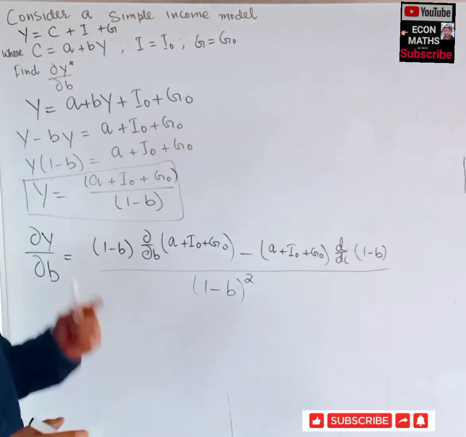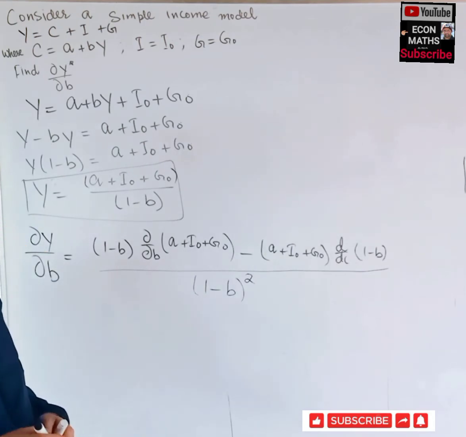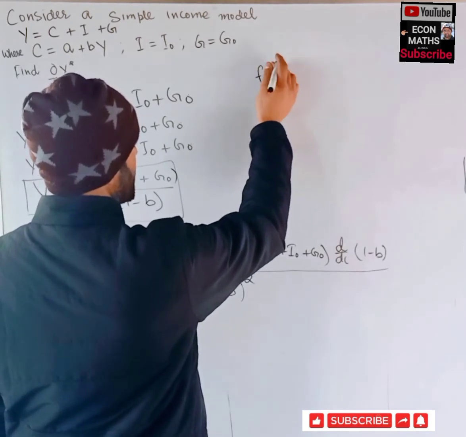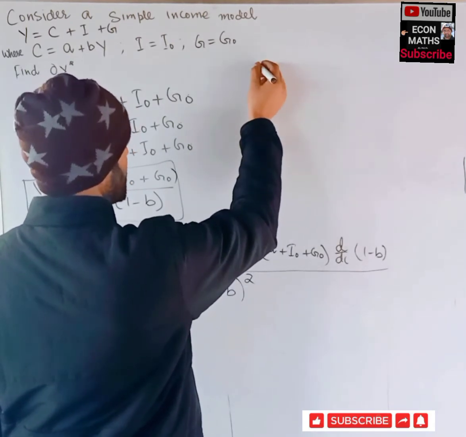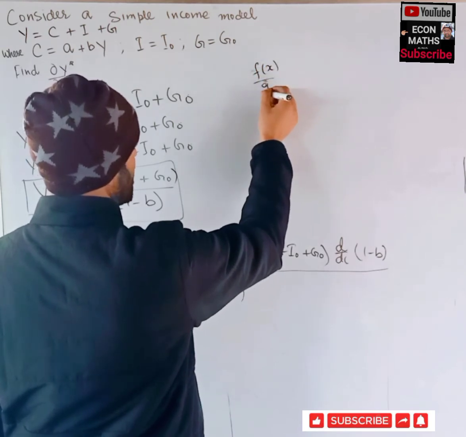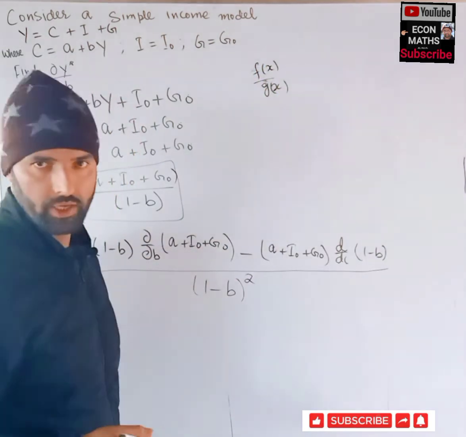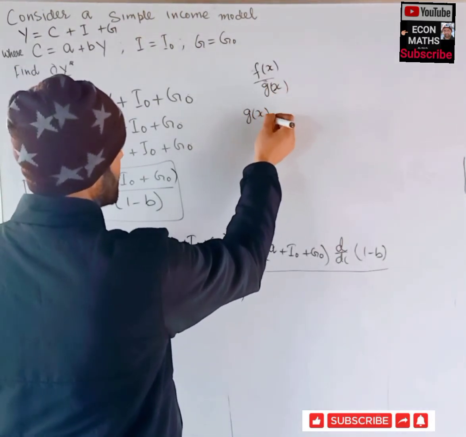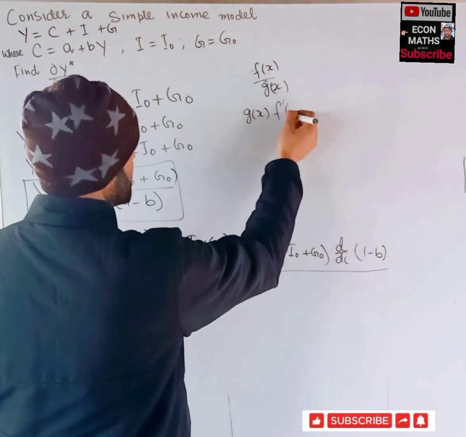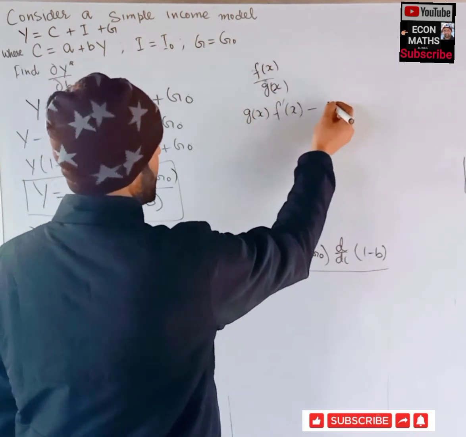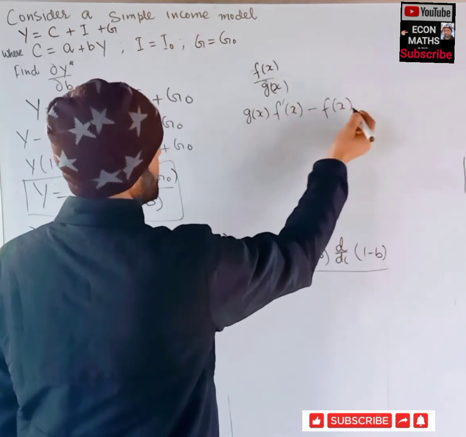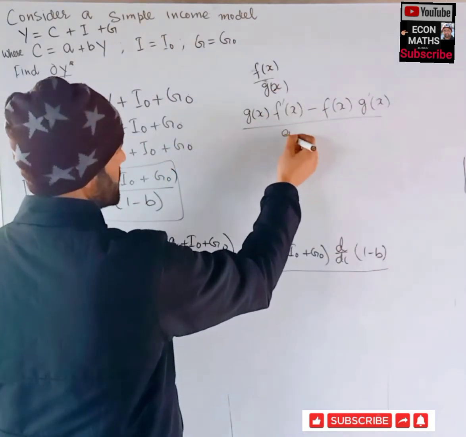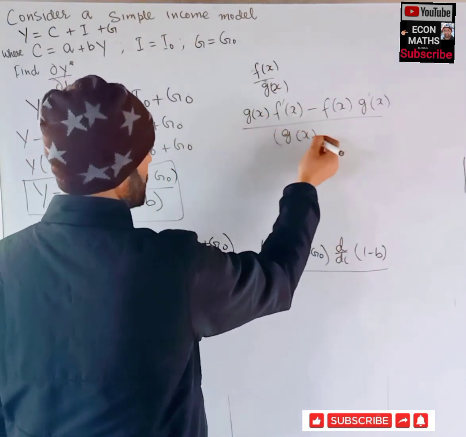First, I will show you what the quotient rule is. The quotient rule says, if we are given a function f of x and g of x, and we have to differentiate this function, what we do is write first g of x and differentiate f, that is f dash x, minus we take f x and differentiate g, that is g dash x, and square the denominator, g x square. I guess it is like this.